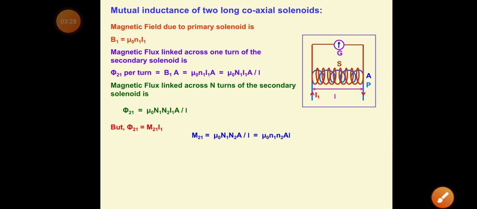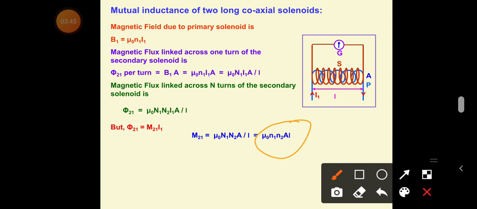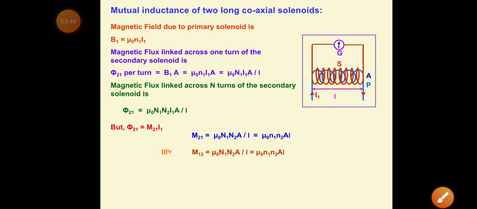Similarly, if current is sent in the secondary coil and current is induced in the primary coil, then M12 can be obtained and you will find that the value of M12 is also the same.